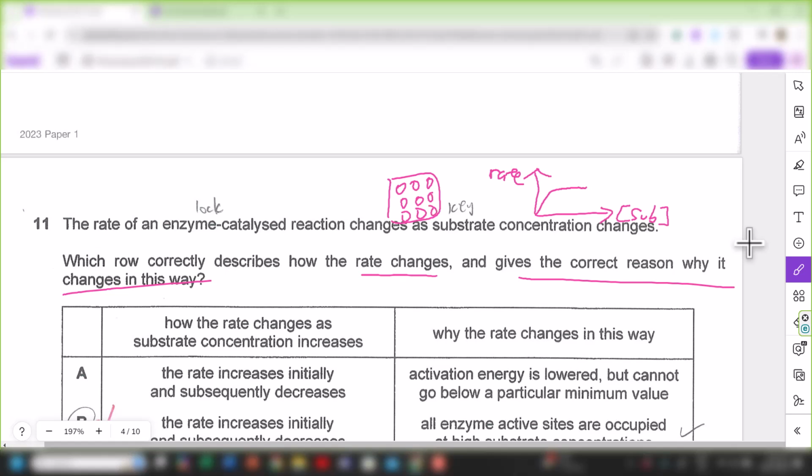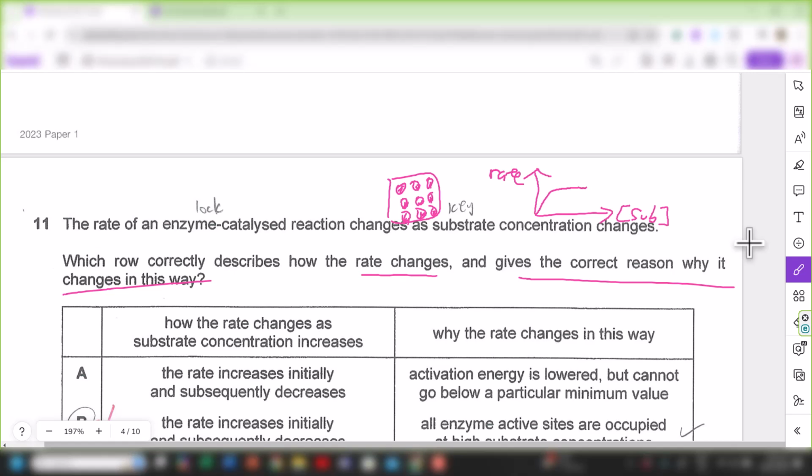So when you have 1, 2, 3 being occupied, any increase in substrate concentration will continue to increase the rate of reaction. But once your enzyme active site is saturated, if you further increase the concentration of the substrate, the remaining substrate will just have to wait until the catalysis is completed before the product dissolves from the active site, and then the substrate will adsorb onto the active site.